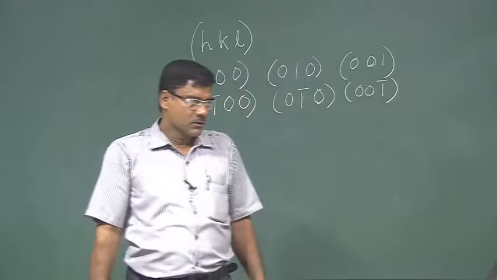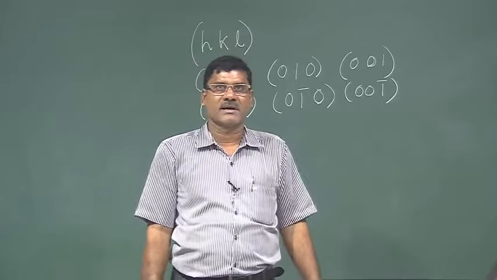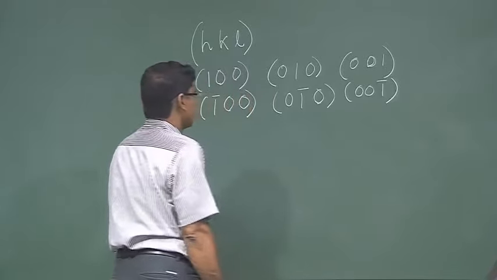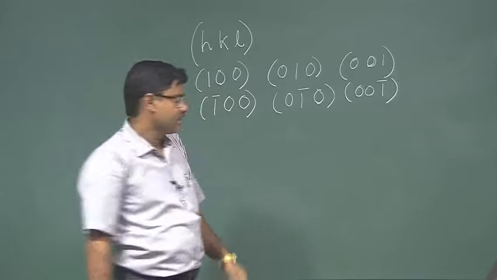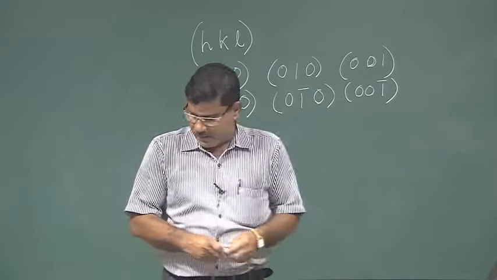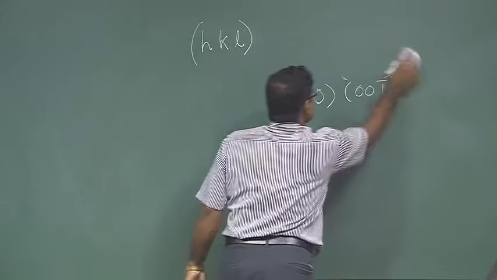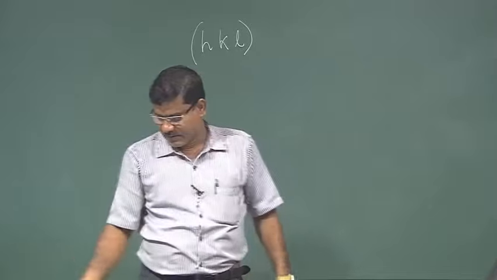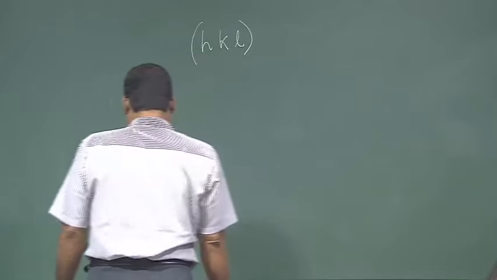Here I just want to say that if it intersects at the negative direction of the axis, that information we include in the Miller indices by putting the bar on the index. So, let us see some planes other than these simple planes 1 0 0, 0 1 0, etc.